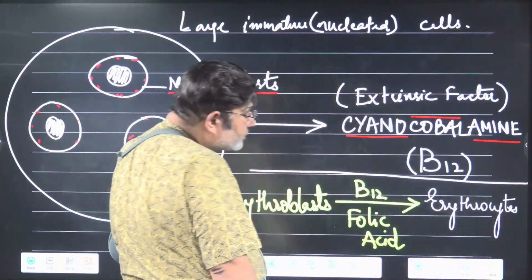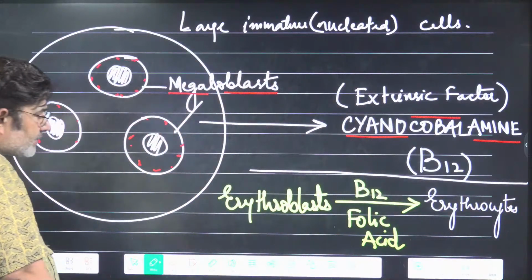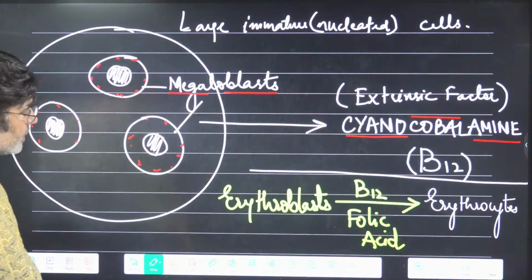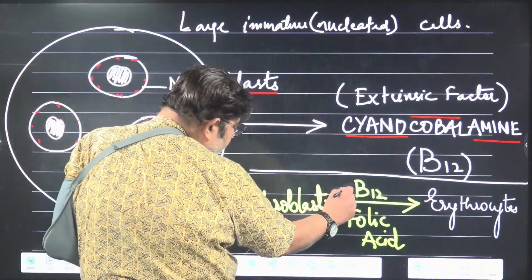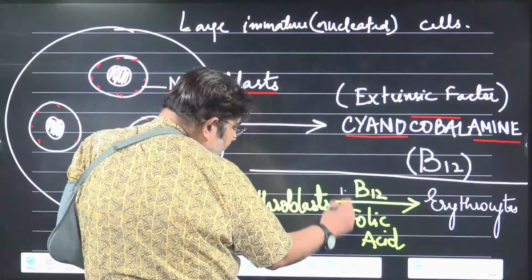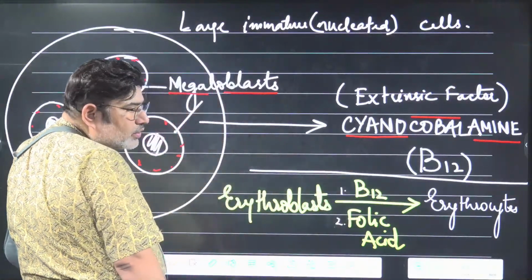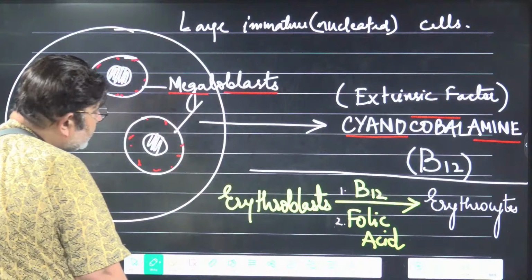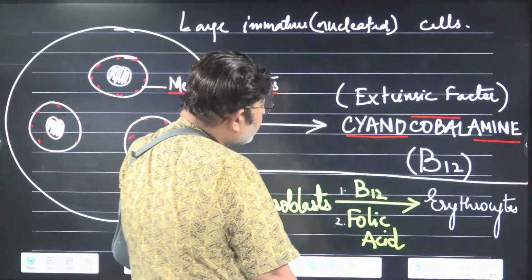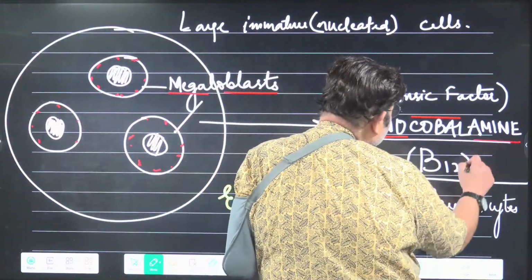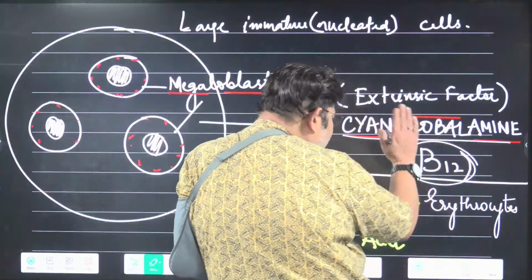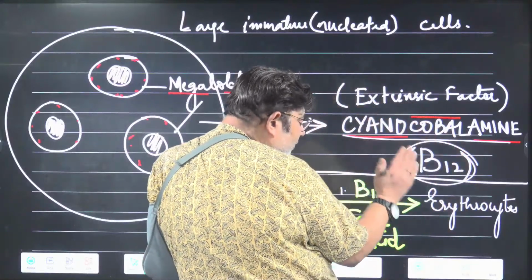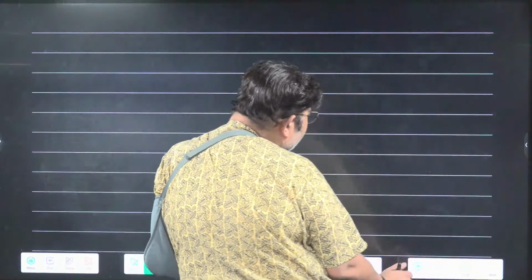This is the maturation of RBCs. Maturation of RBCs requires, number one, vitamin B12, and another vitamin called folic acid. Both belong to the B category. So the extrinsic factor is cyanocobalamin, vitamin B12, and the intrinsic factor is a glycoprotein produced from the gastric glands.